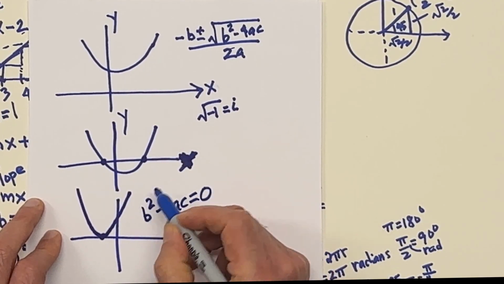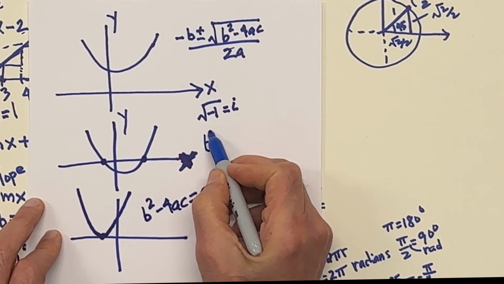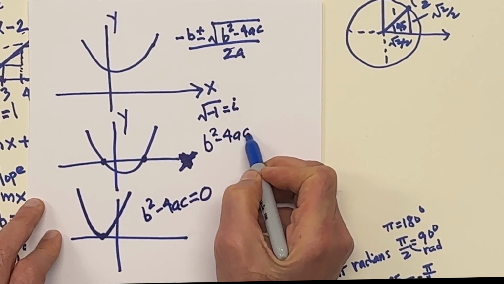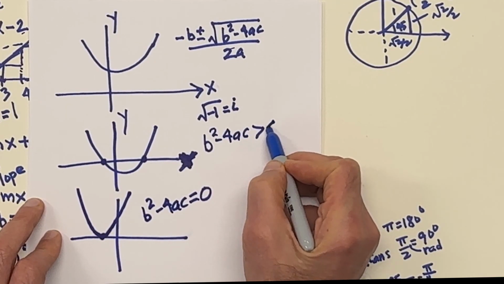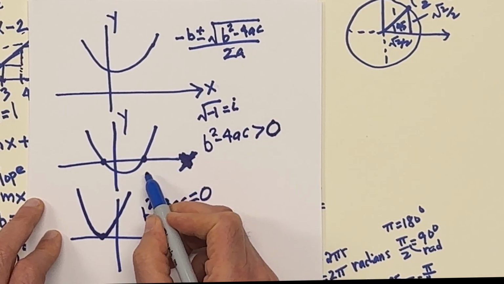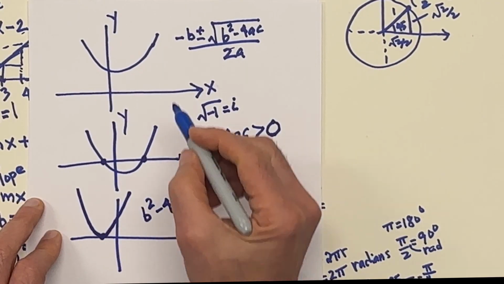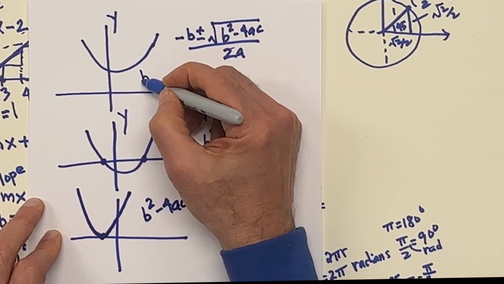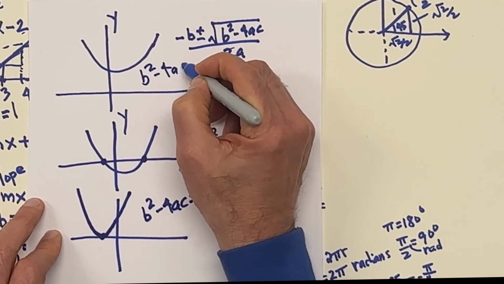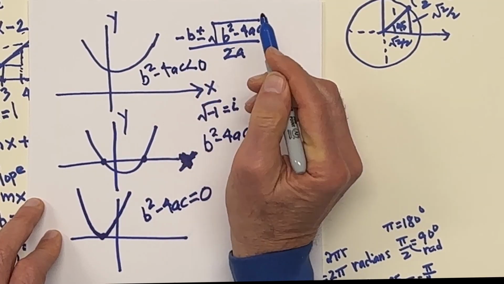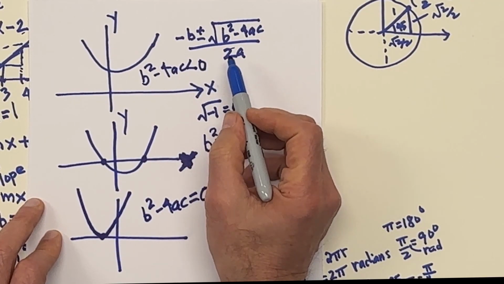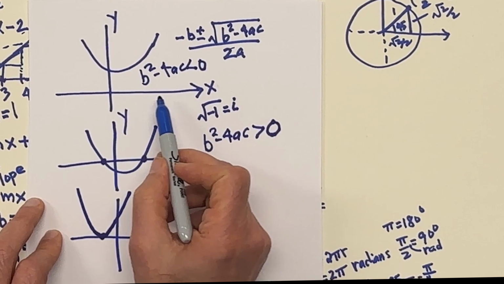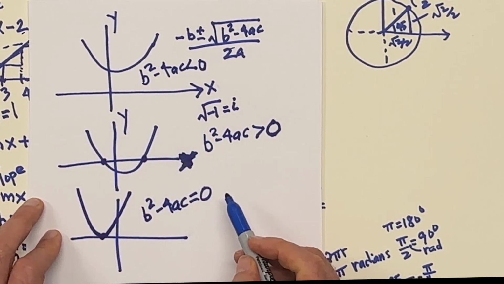equal to 0. In this case, b squared minus 4ac is greater than 0, so you have a positive value. And then here, b squared minus 4ac is less than 0, so you do not have a square root that gives you a real number along that line.